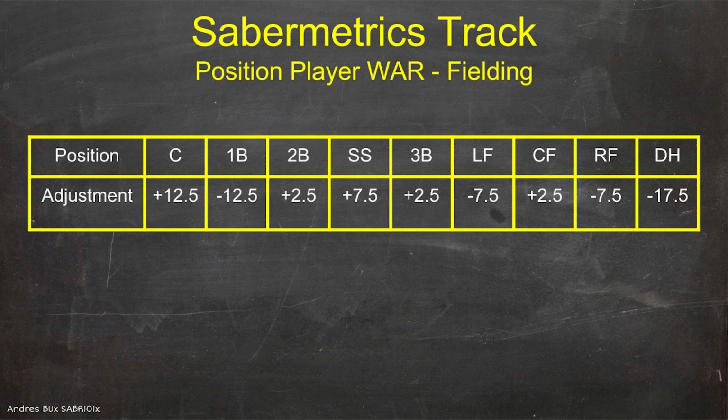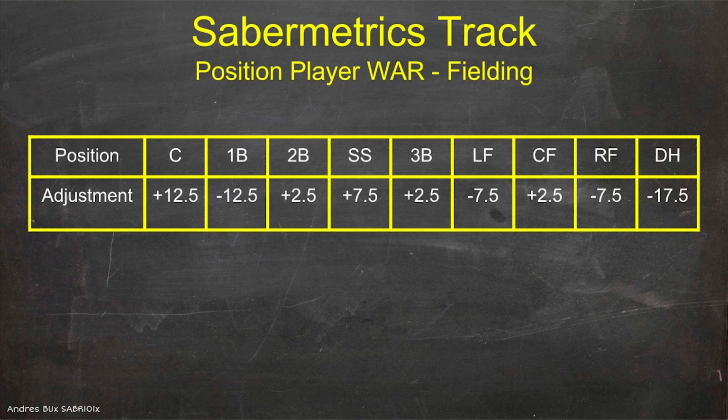Let's look at these positional adjustments. These are runs that we would adjust the defensive runs that a player earns based on the position that they play. In other words, if they're a catcher, since catcher is such a hard position, we're going to add 12.5 runs to the players who play catcher because of the difficulty of the position. We're going to give them that many runs just because they play catcher.